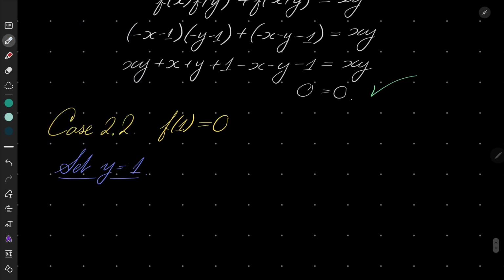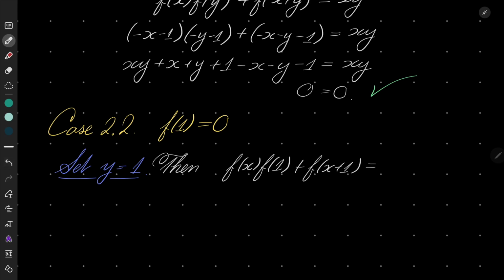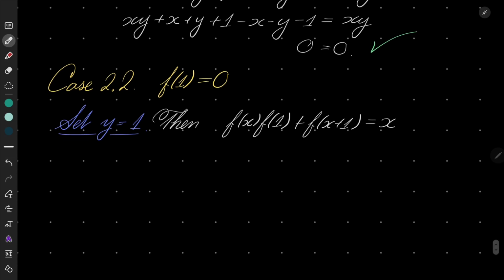Then we get f(x) times f(1) plus f(x+1) equals x. Excellent. Now f(1) is 0, so f(x+1) equals x.